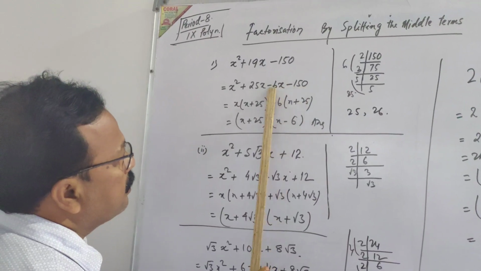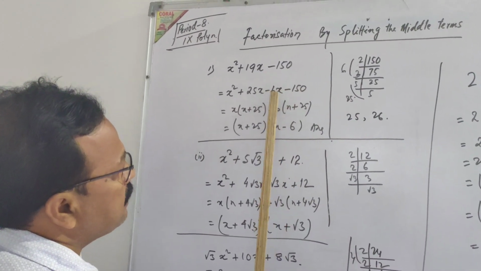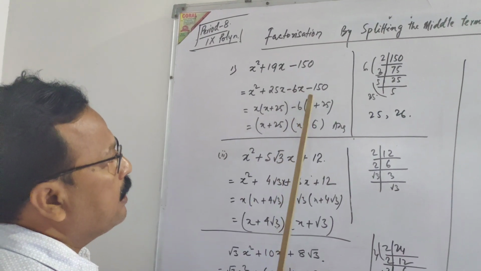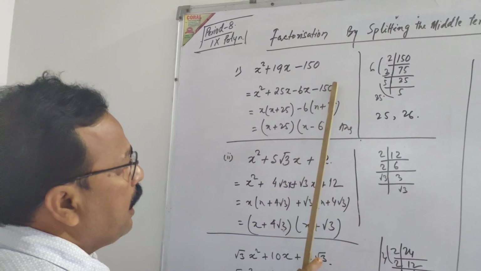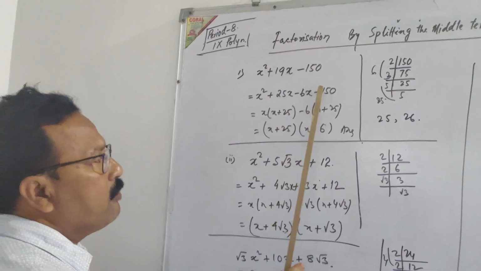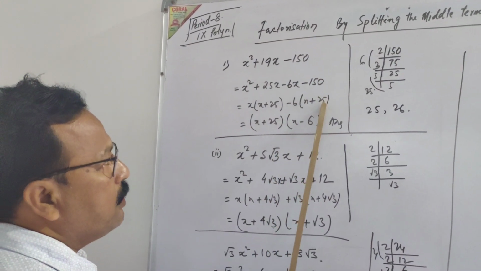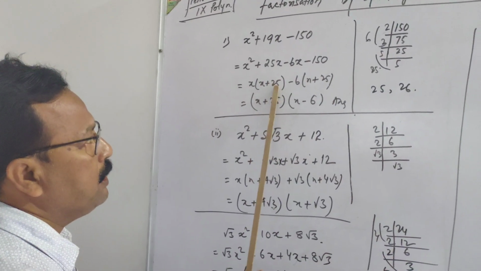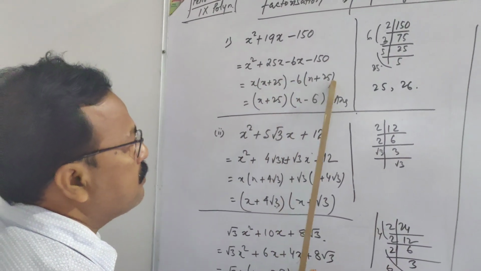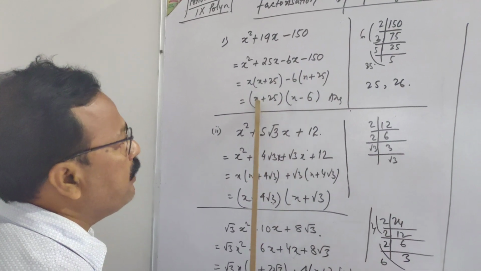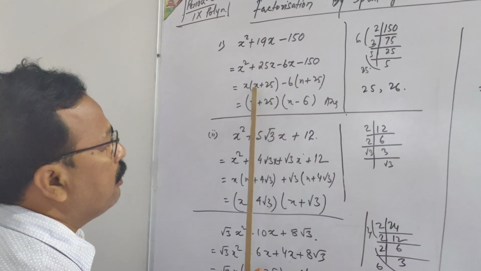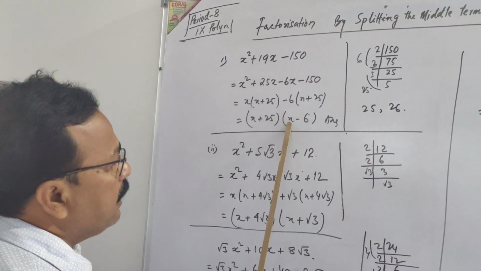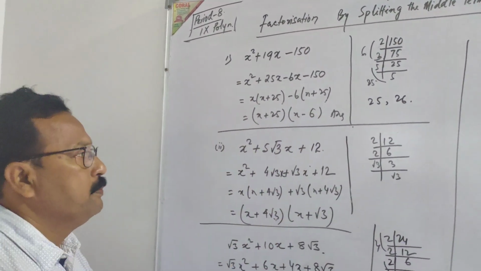Here we can divide these two terms by 6, so we can take 6 as a factor, and x will remain, and on dividing 150 by 6 we will get 25. So x plus 25 is here in this term and this term. The two terms can be divided by x plus 25. On dividing this one by x plus 25, we will get x here and minus 6 here.